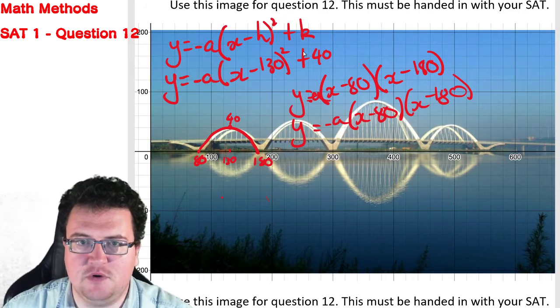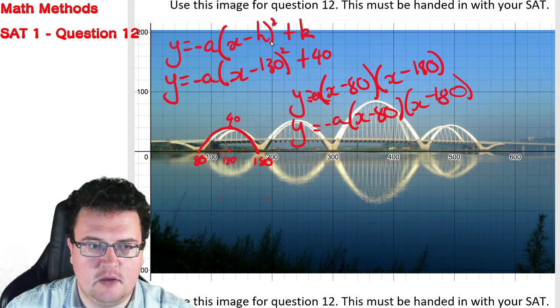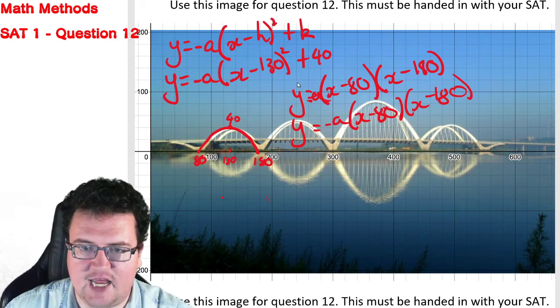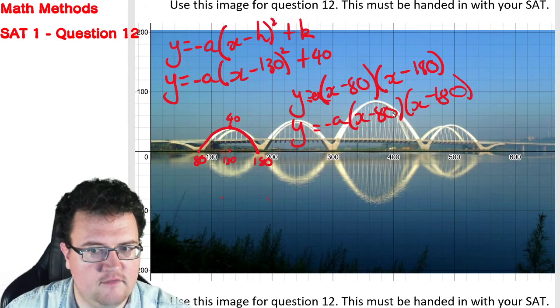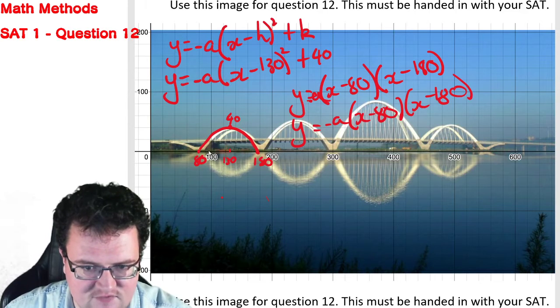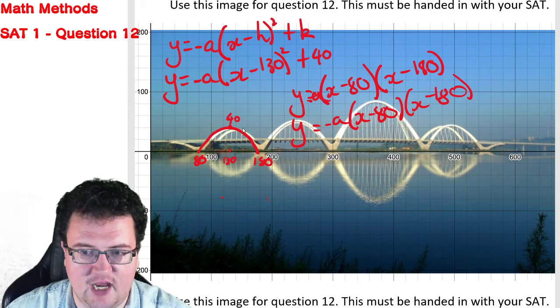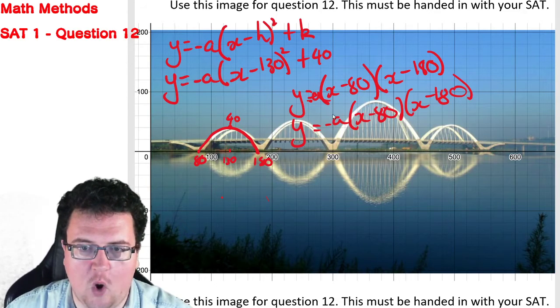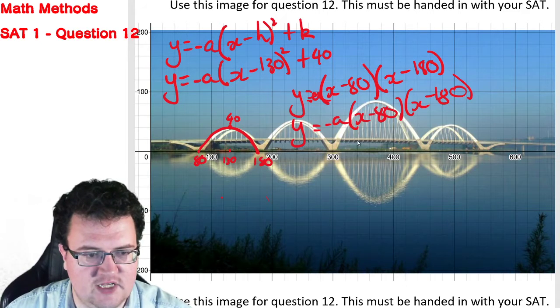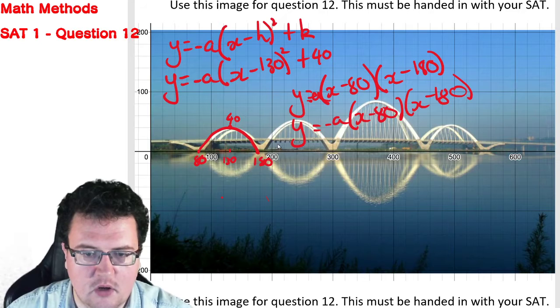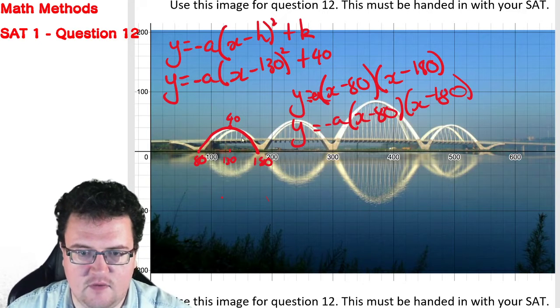But what I can do is take the point that I know here, put it into here, and see what values I get. Or I can take this value here and put it up into here and see what I get. So there are two ways of laying out this equation, but both would require you to eventually find this a value.